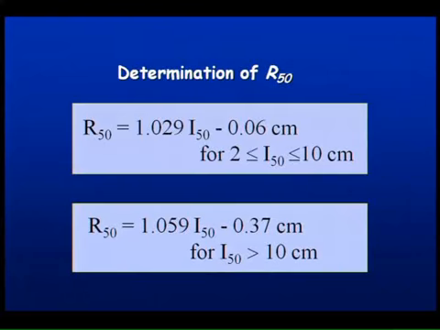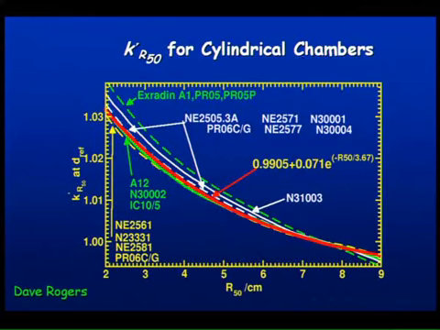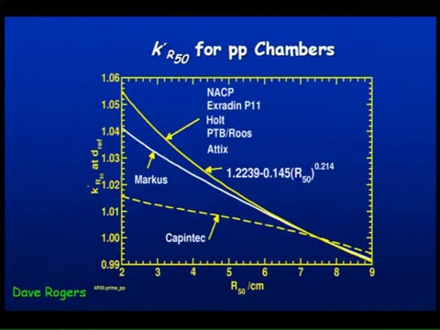R50 from I50, you have seen that equation since most of you are familiar with the protocol. Once they are all done, we have measured the beam quality for different beams. KR50 prime is given as a function of beam quality for various cylindrical chambers. For plane parallel chambers, as I mentioned, for all well-guarded chambers there's only one curve. For Markus and Capintec, they're different because they're not well-guarded.